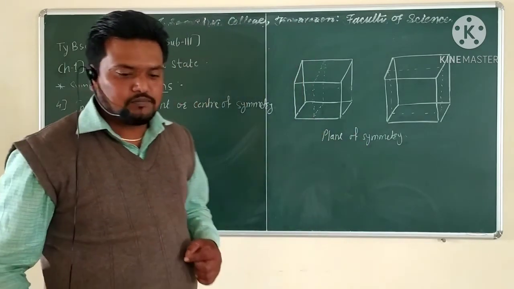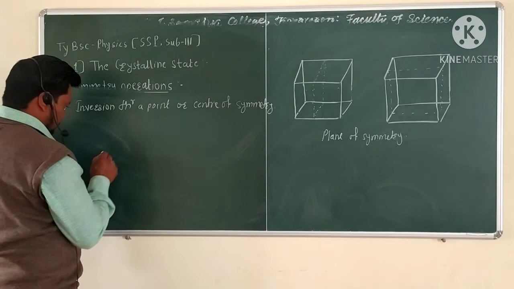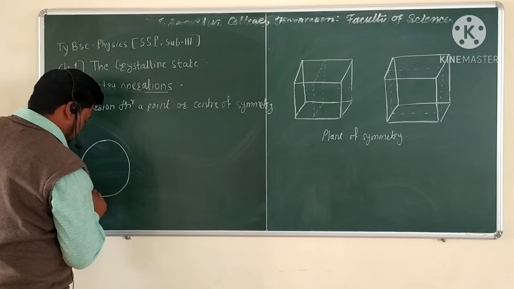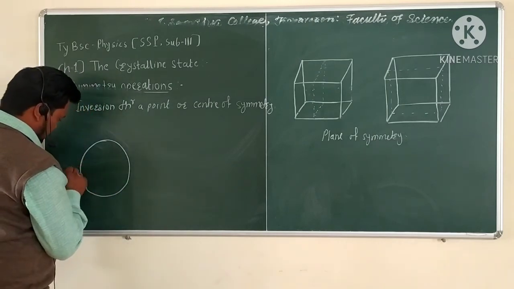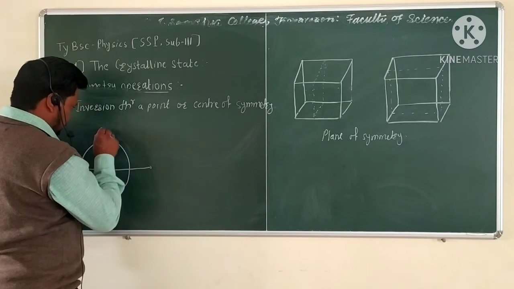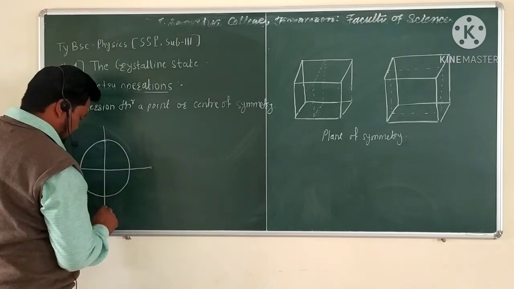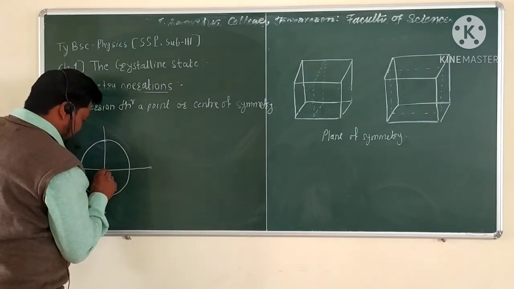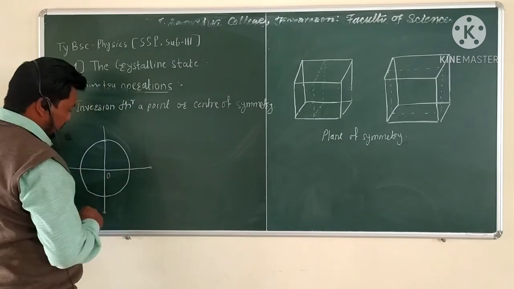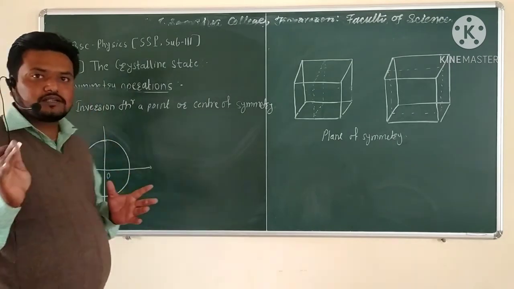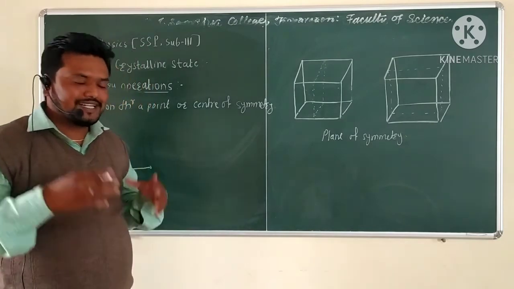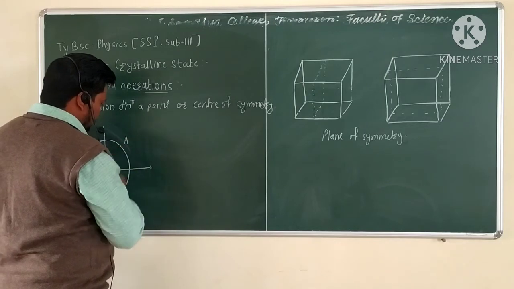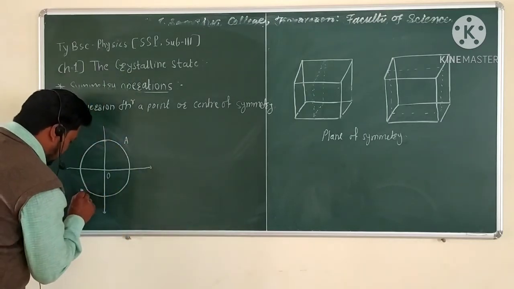For example consider a circle. Consider this is the center, and for example this is considered as the two axes, the x-axis and y-axis, and this center point is denoted by O. Consider we take two points on the circle. For example this point is the A point, and this point is the B point.